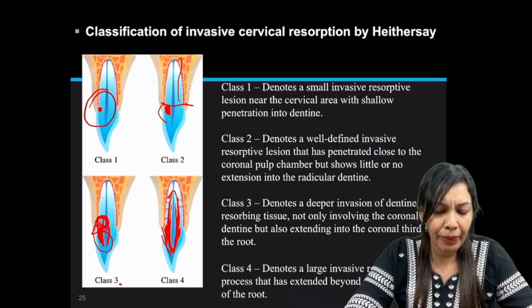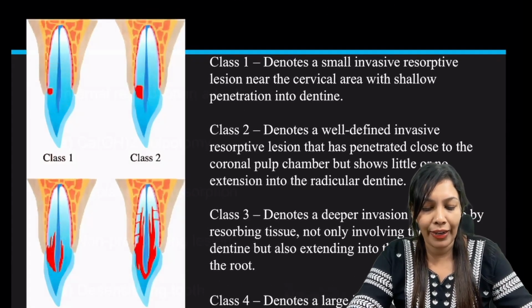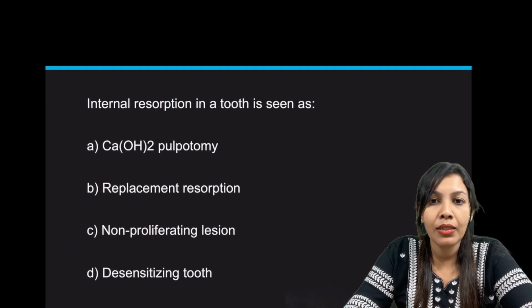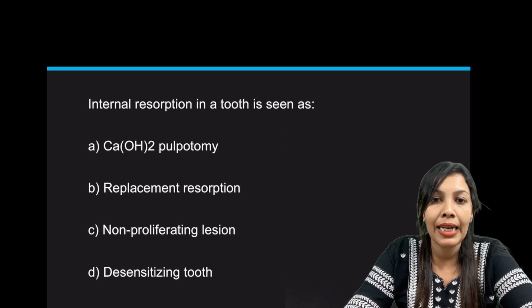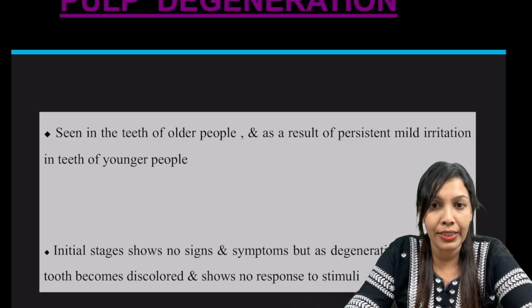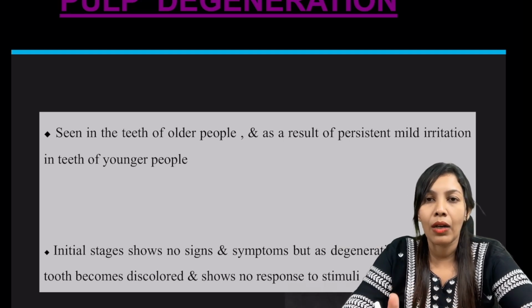Now it is completely involving the coronal area and part of the radicular area, and in class 4 the complete radicular area and coronal area have been affected. Next question: internal resorption in a tooth is seen as, of course, a non-proliferative lesion.